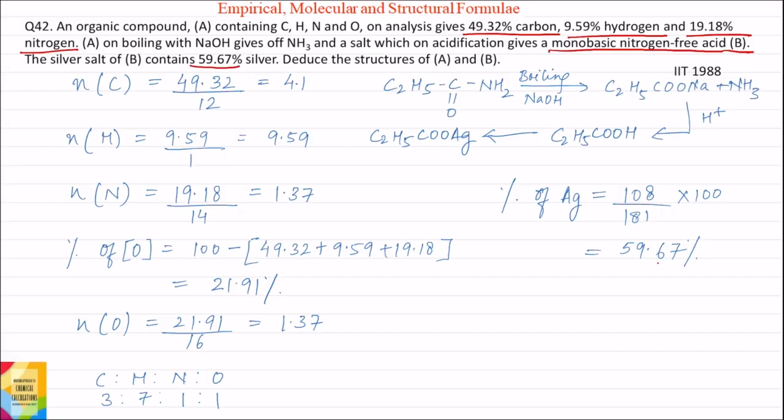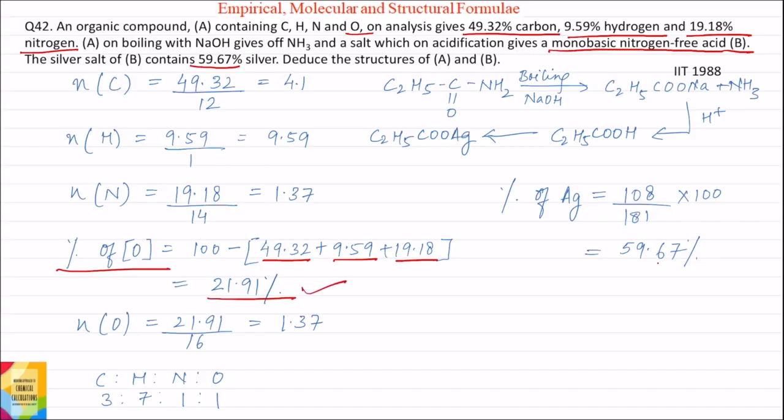The percentages of carbon, hydrogen and nitrogen are given. The compound also contains oxygen, so we can find the percentage of oxygen, which is equal to 100 minus the sum of the percentages of carbon, hydrogen and nitrogen, and this is equal to 21.91%.